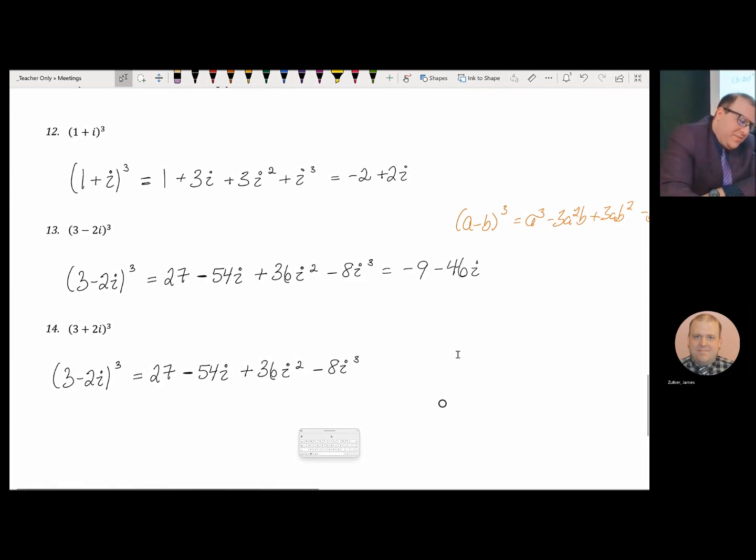Notice the only difference is instead of minus, it's now plus, right? So no need to reinvent the wheel. Those just become plus instead.